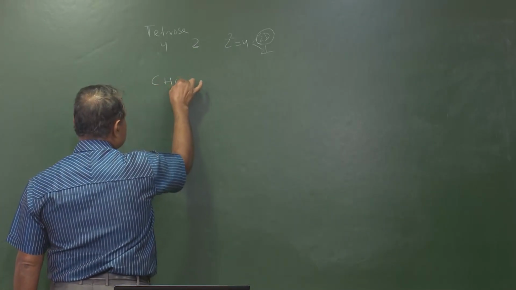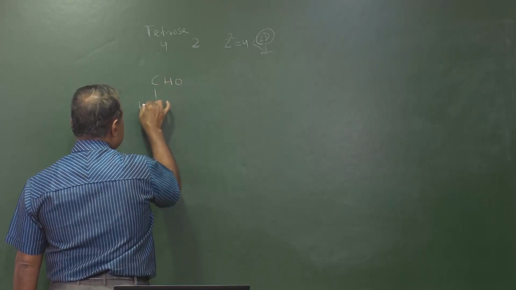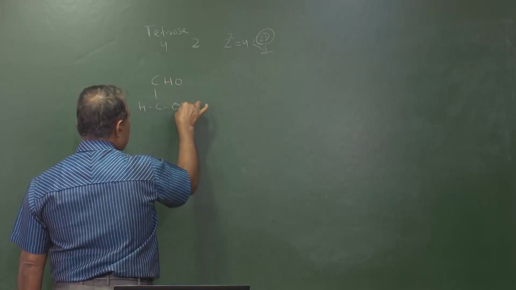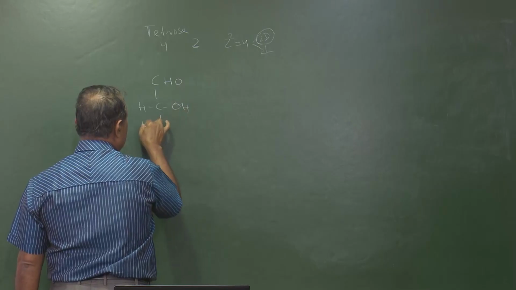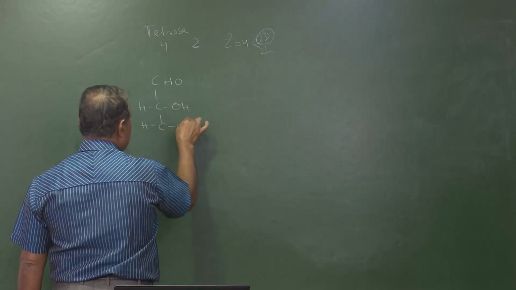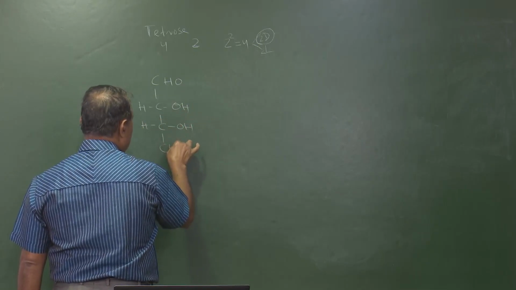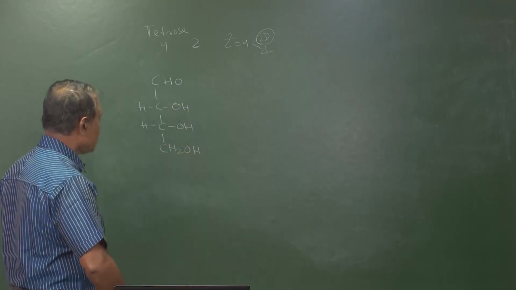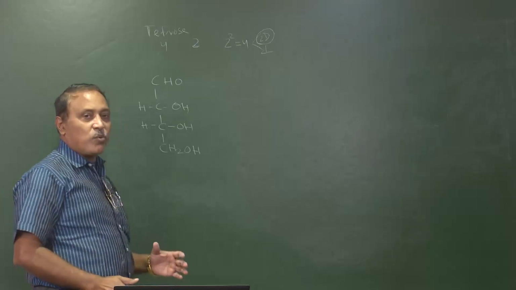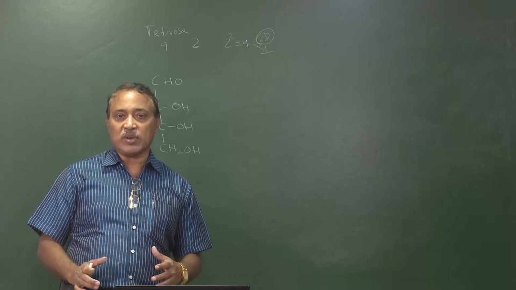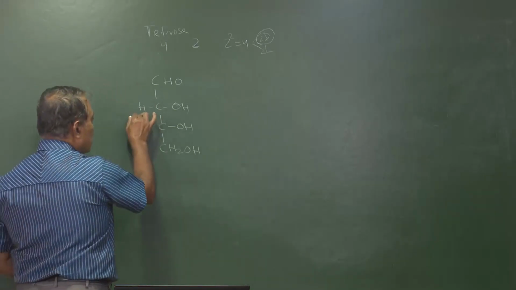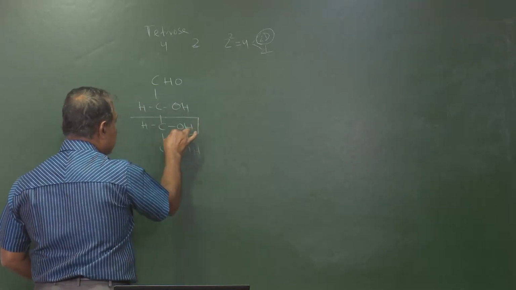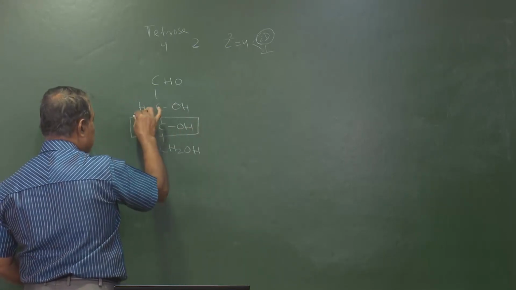So CHO. Remember one thing, when we say that they are D isomers, the configuration around this farthest asymmetric carbon atom is fixed, this one.